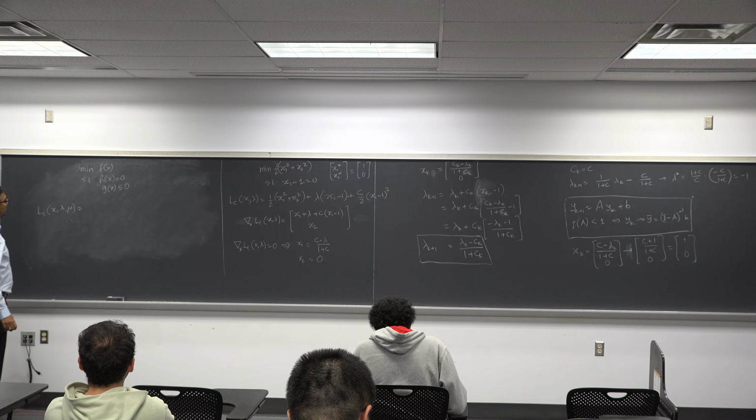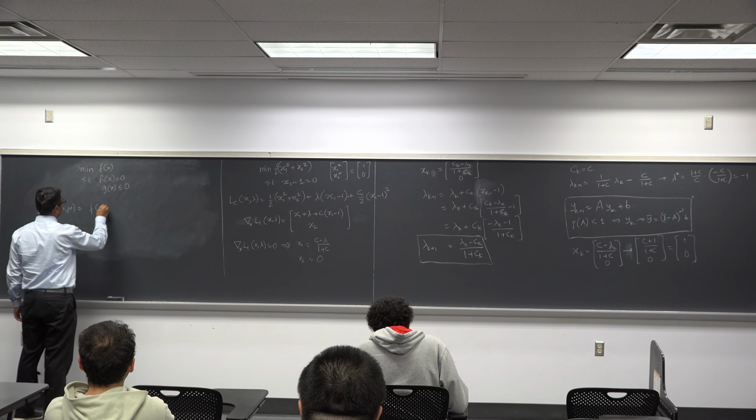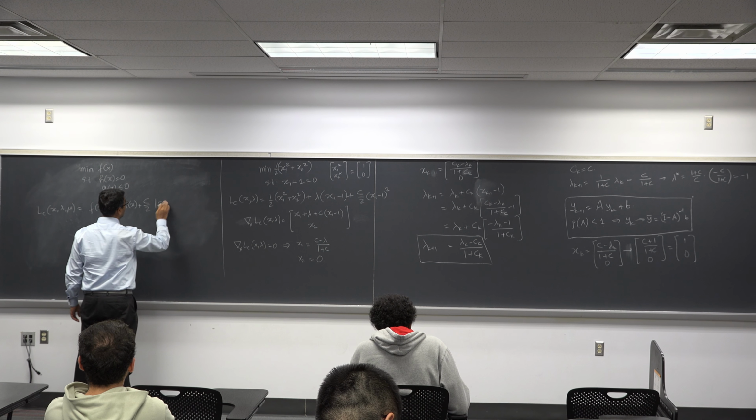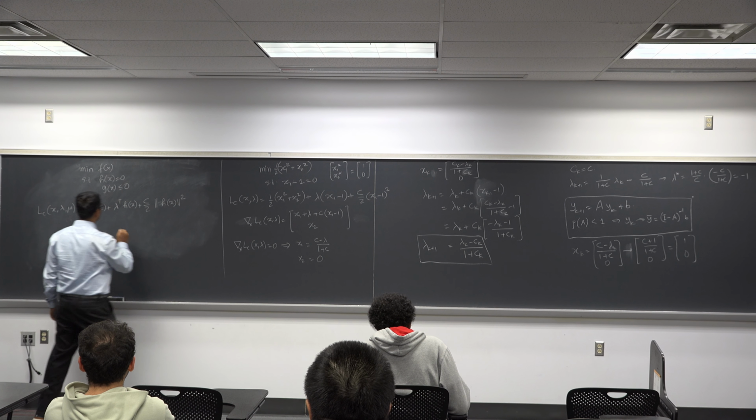The augmented Lagrangian here is slightly more complicated, but it's given by f of x plus lambda transpose h of x plus c over 2 times h of x squared.